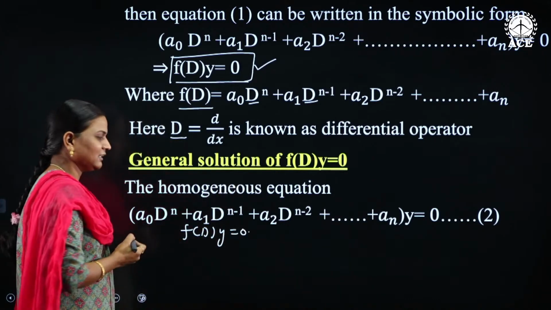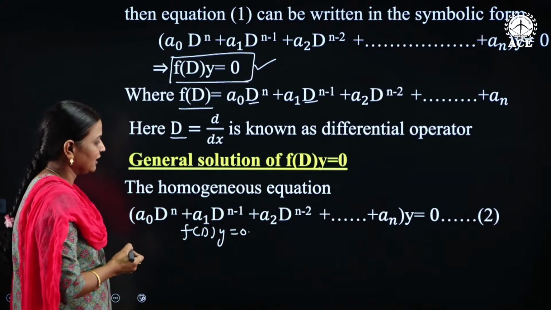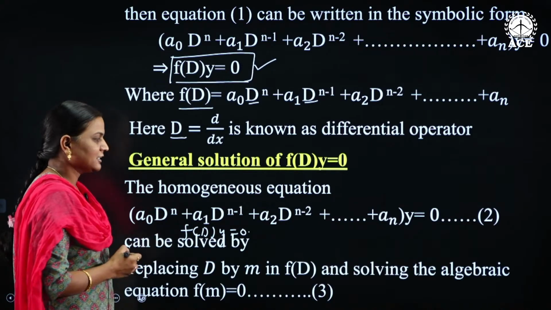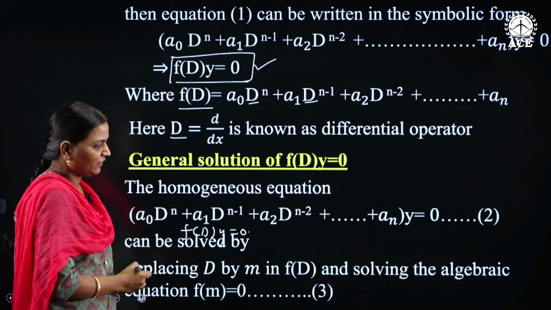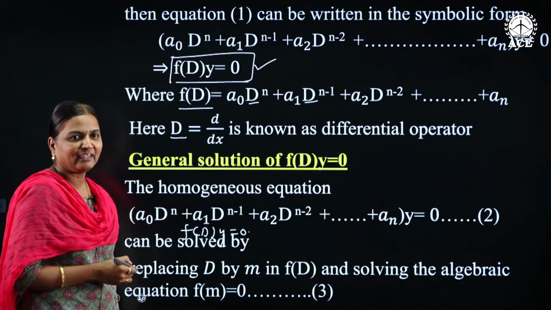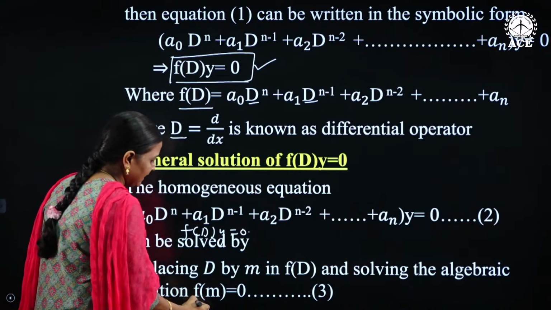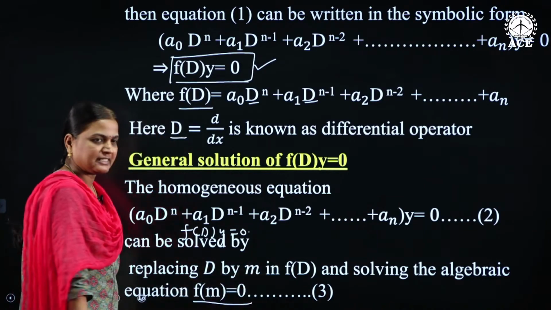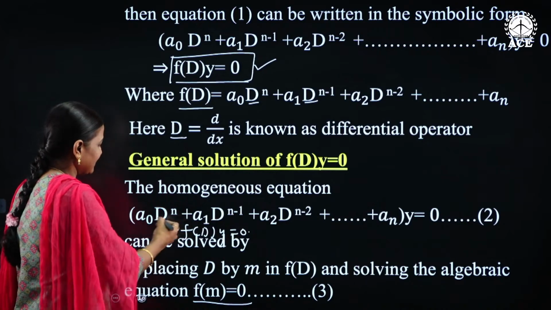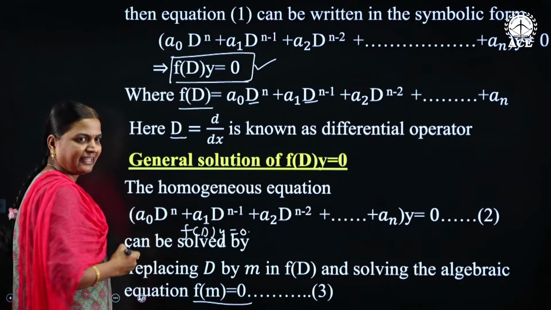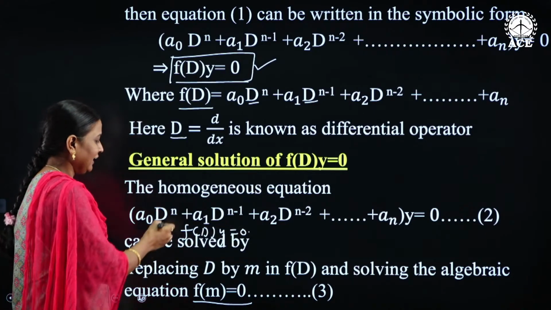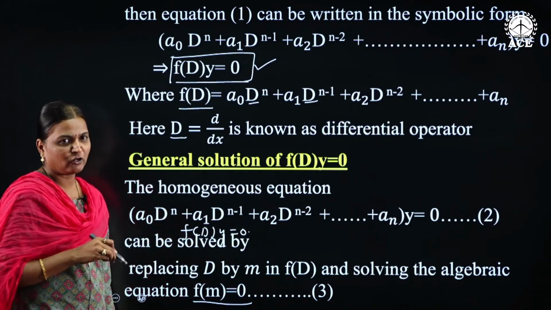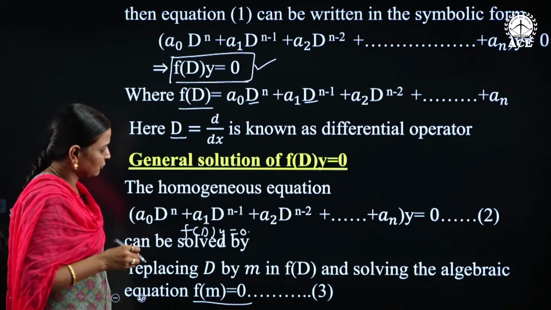How to solve this homogeneous differential equation? By considering the algebraic equation. That means replacing D by m in f of D and solving the algebraic equation. What is that algebraic equation? It is f of m is equal to 0. We know that f of D is a polynomial in D, so we replace D by m in f of D and equate it to zero, giving the algebraic equation f of m equal to 0.